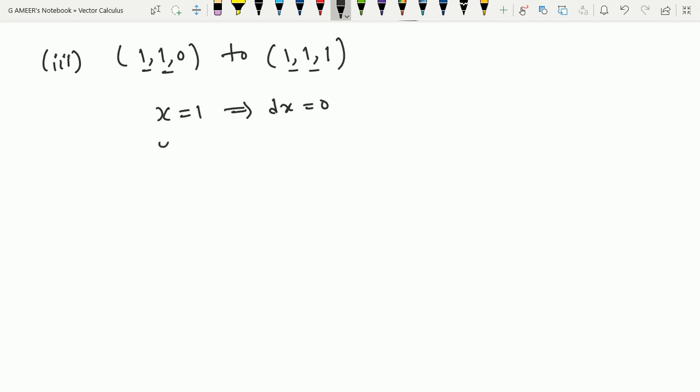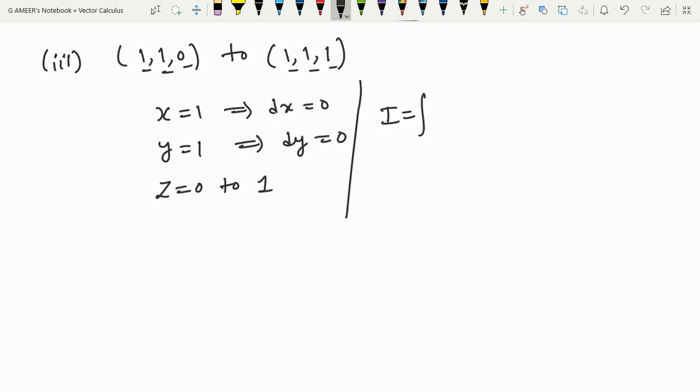Y equal to 1 and 1, that is y is equal to 1, in the sense dy is equal to 0. Z is equal to 0 to 1. So from here what I get is the integration of Fx dx plus Fy dy plus Fz dz.